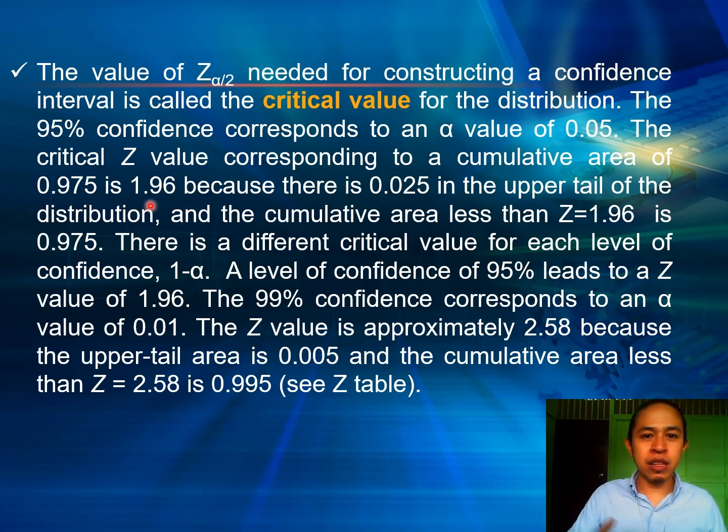Okay? So I hope that while you are watching this video, you have with you your normal distribution table so that you can follow. You will see here that the 97.5% or the 0.975 probability has a corresponding z value of 1.96.